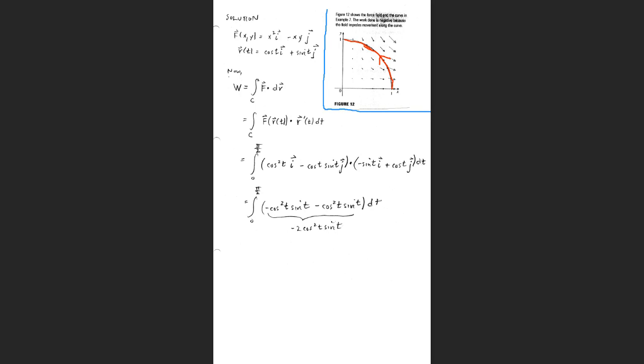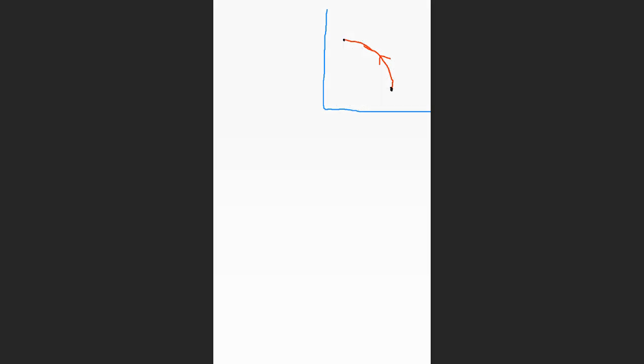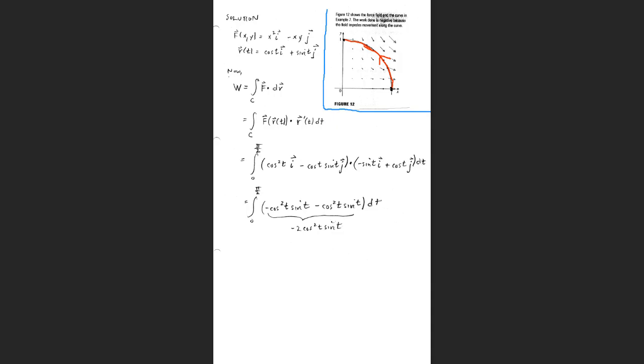The starting point is (1, 0). The ending point is (0, 1). And what is being shown also are the force field vectors based off of the force field function, which has components x squared and negative xy.